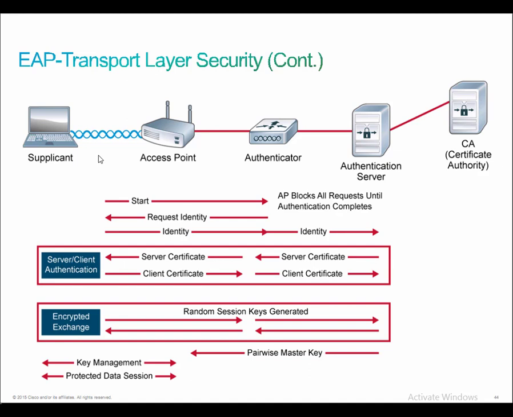It's called a master key or a session key. It's called a pairwise master key because both the supplicant and the authentication server, the pair, actually the access point and the authentication server, which is the pair, are aware of what this master key is. Okay?